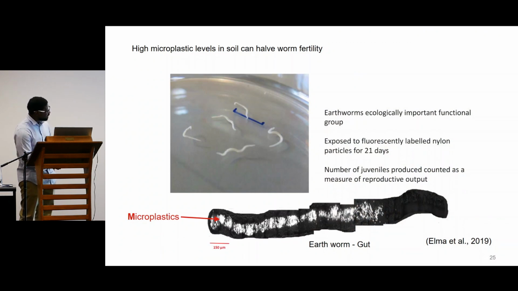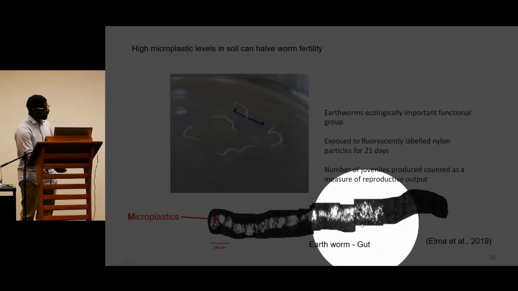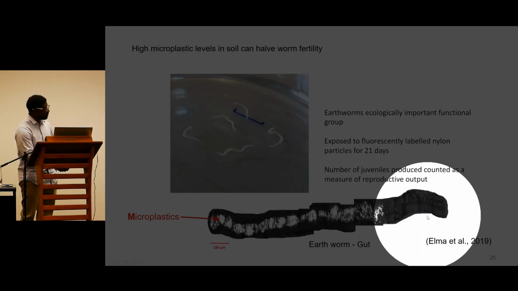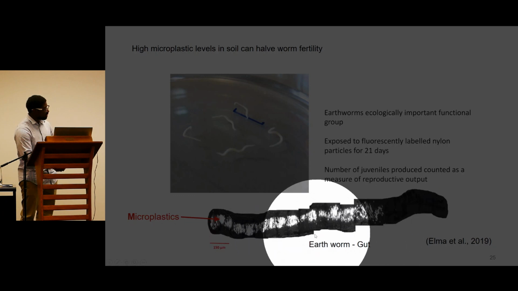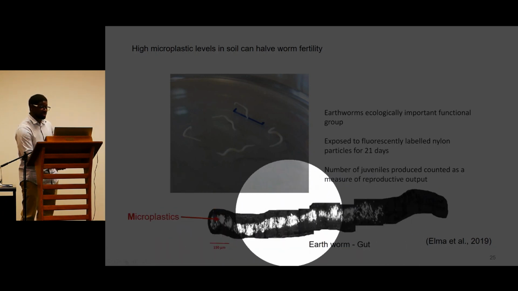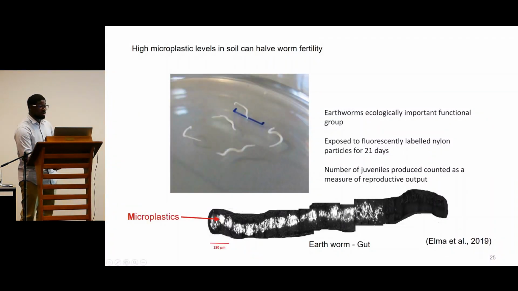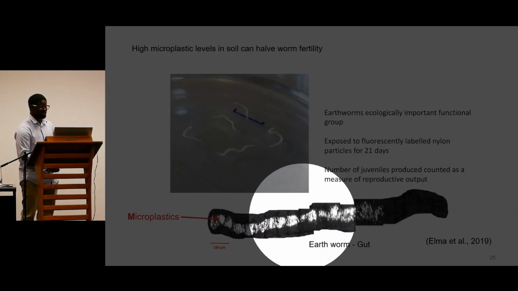An example of the soil organism study is on worms. This study looked into how microplastics impact soil worms. Why worms? Because worms are the best friend of the farmer, and they are very good for the soil. If you look at this picture here, that is an imaged worm, and in it is this tiny whitish stuff. These are microplastics. The worm assumes these microplastics to be food, so they end up engulfing them.